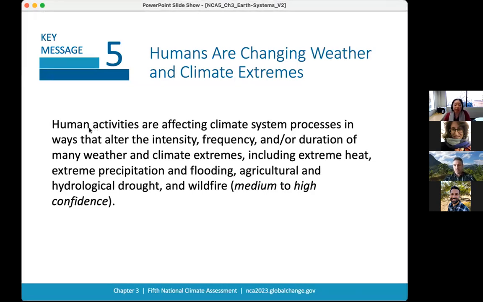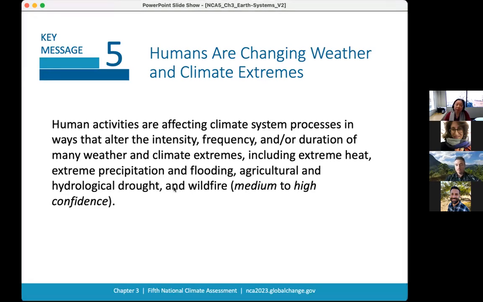Here we emphasize that human activities are affecting climate system processes in ways that alter the intensity, frequency, and/or duration of many weather and climate extremes, including extreme heat, extreme precipitation and flooding, agricultural and hydrological drought, and also wildfire. We have medium to high confidence in that.